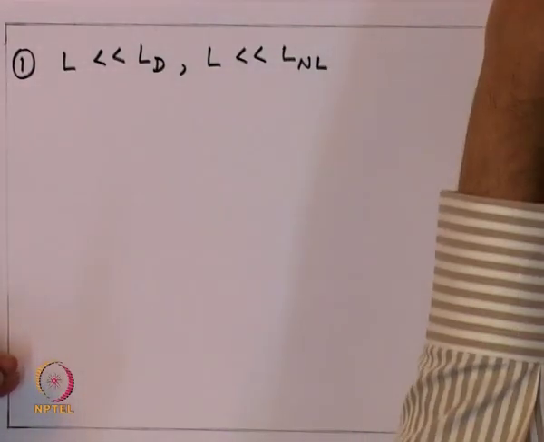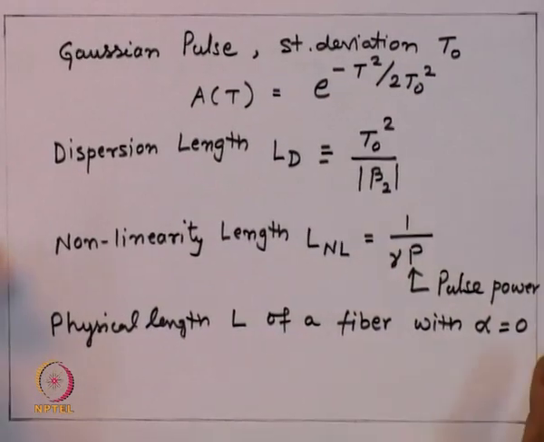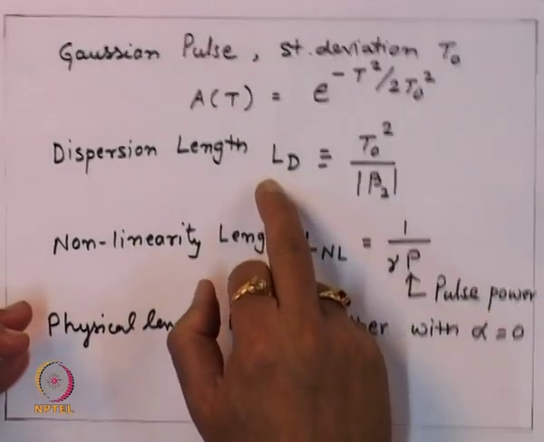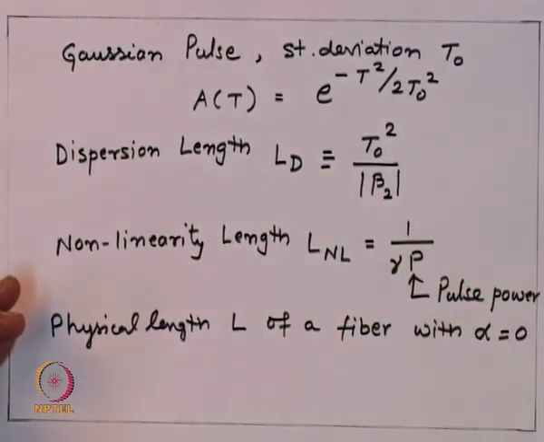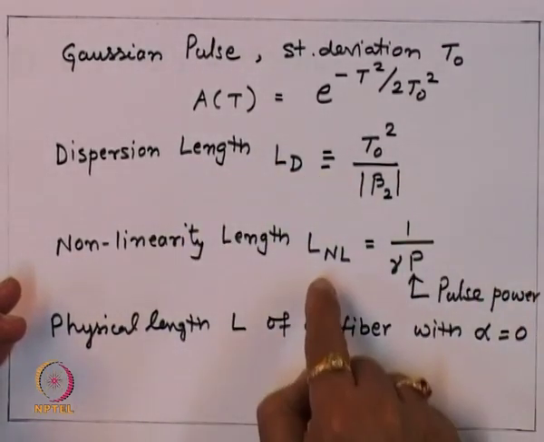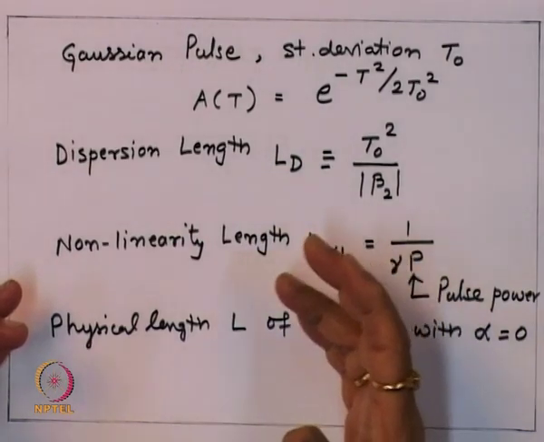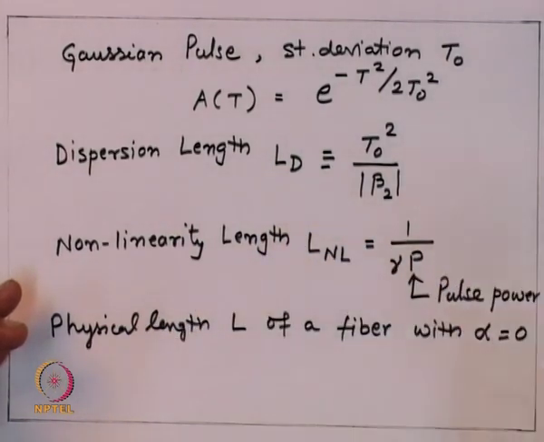Firstly, what are these two lengths telling us? L d is telling us that over this distance the dispersion effect becomes significant. L N L is the length over which the nonlinear effects are significantly observed.